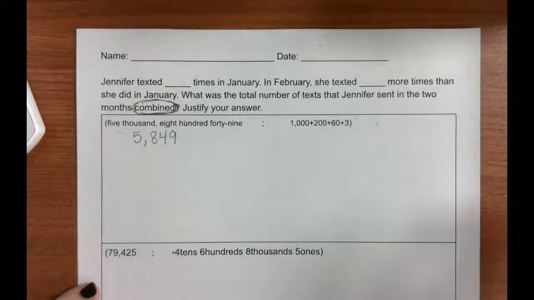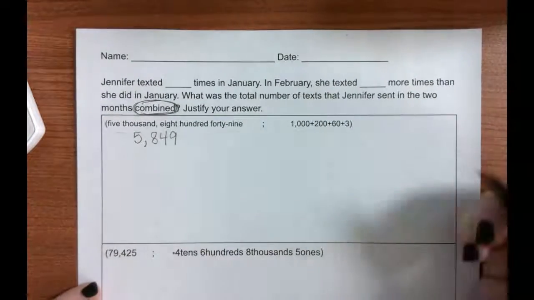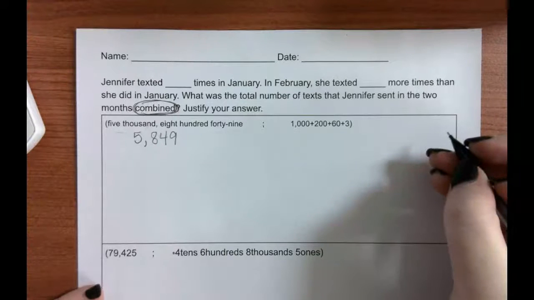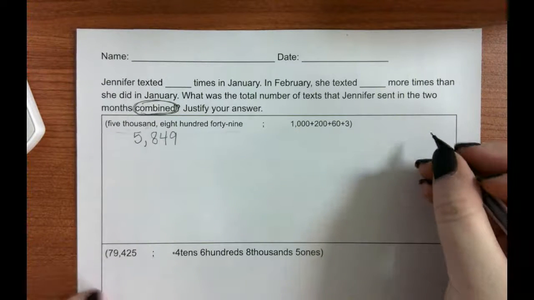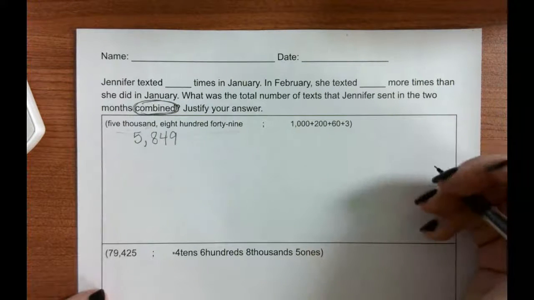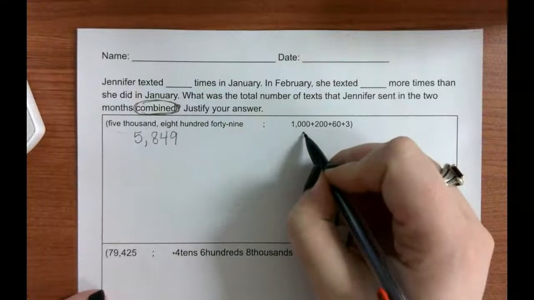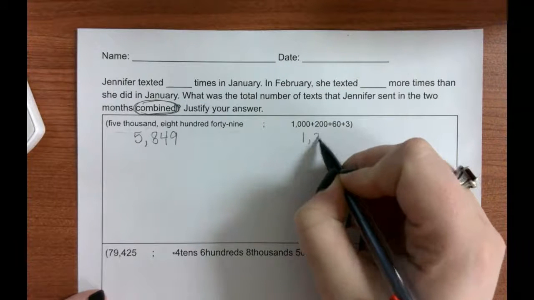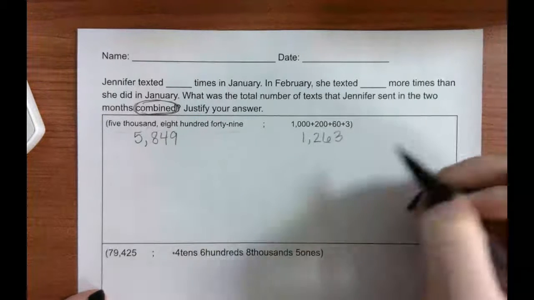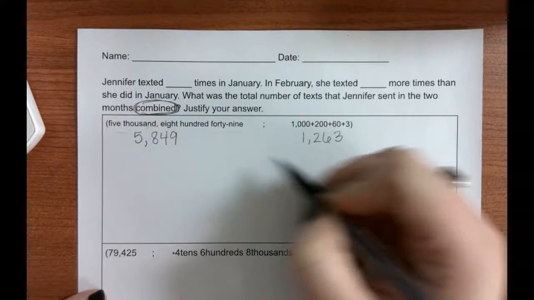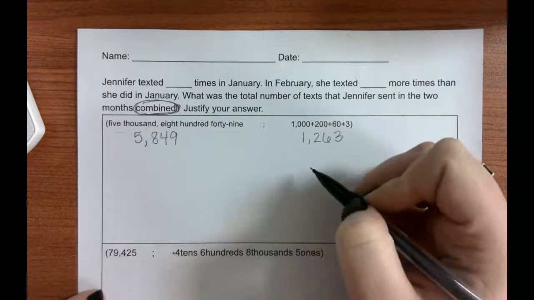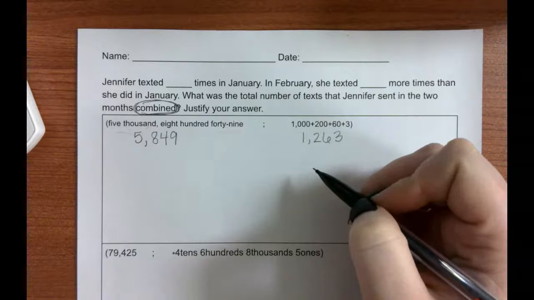What about my second number? It says 1,000 plus 200 plus 60 plus 3. What number would that be? 1, comma, 2, 6, 3. So I want to make sure I write my numbers in standard form first, okay? Because I've got to make sure I understand what numbers I'm working with, okay?